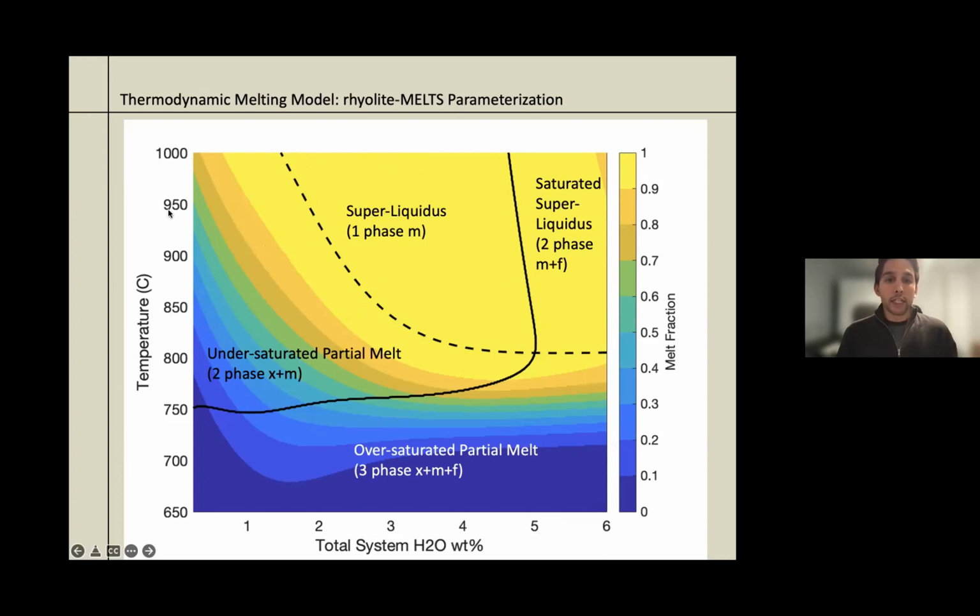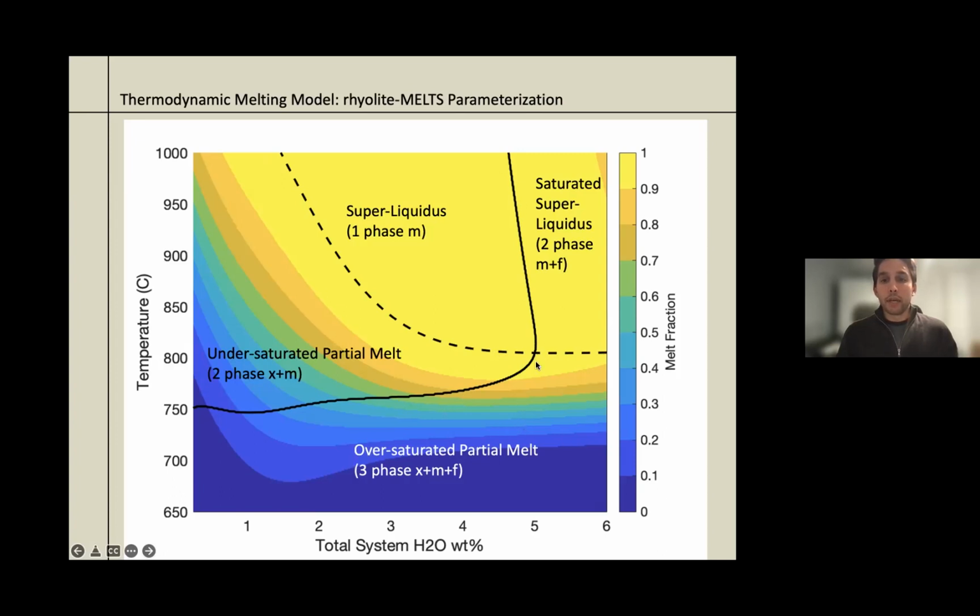You've got the undersaturated partial melts, which have 2 phases of crystals and melts. And this is the region that most geophysical interpretations are concerned with. We're often just interpreting 2 phases, crystals and melts, and we don't really think about the saturation problem.